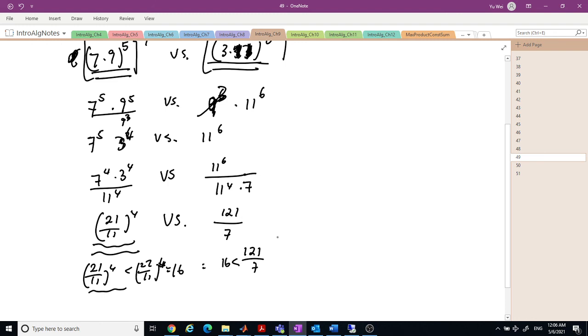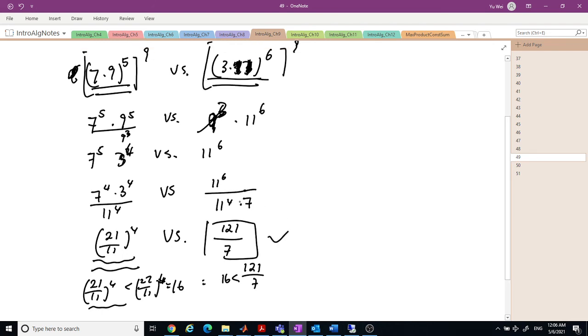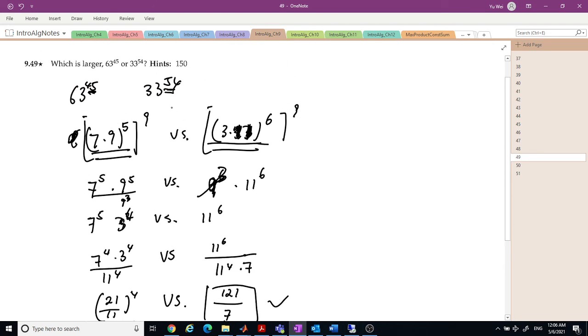So now we know this side is bigger, and because we did the same operation on both sides, we didn't change the direction of the sign. So here, this one is bigger.